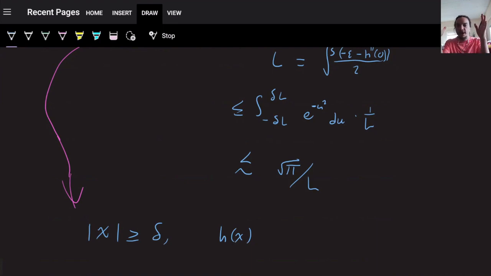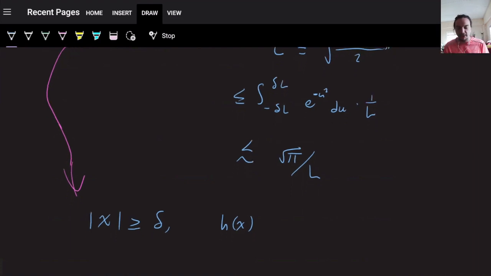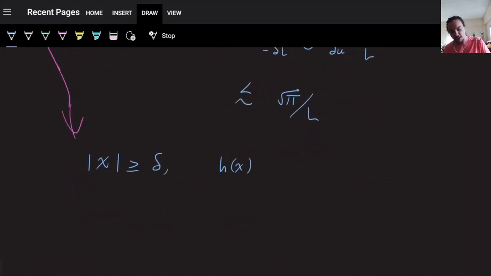So when x was near delta, then h of x was near the max. But because this is a global max, this says that h of x is going to be less than h of 0 minus some constant, which depends on delta, right?